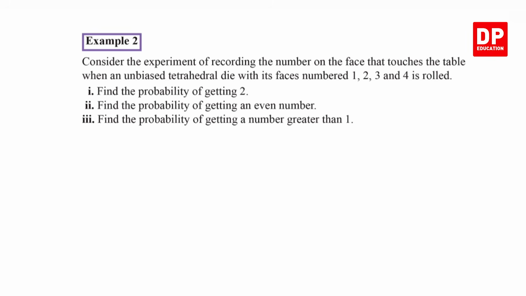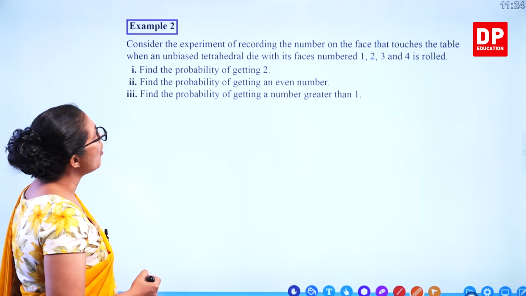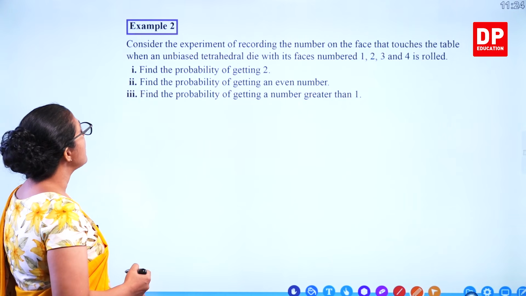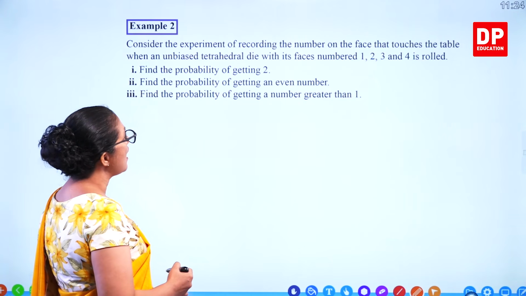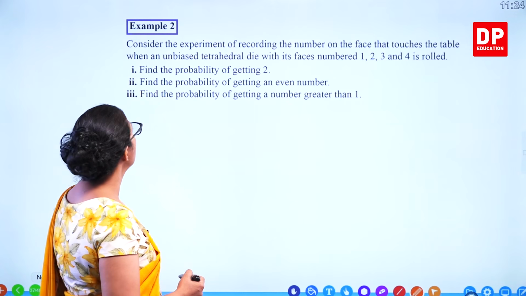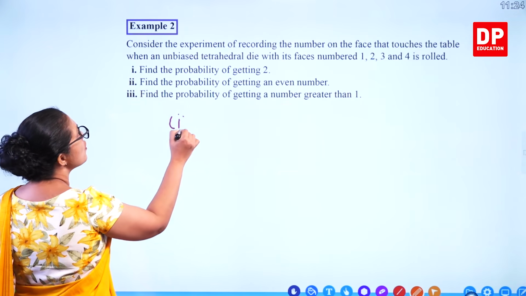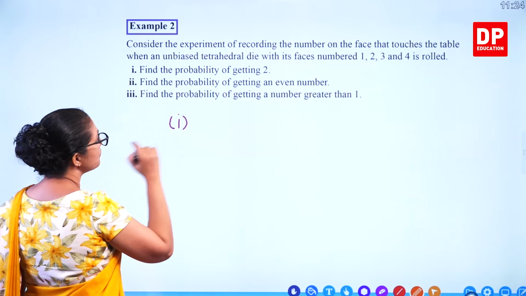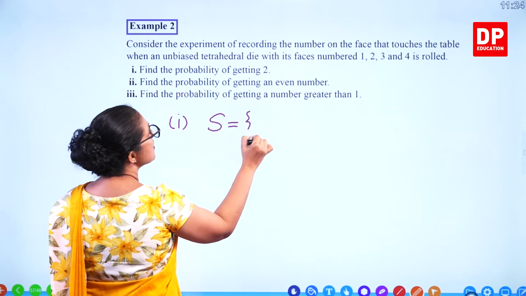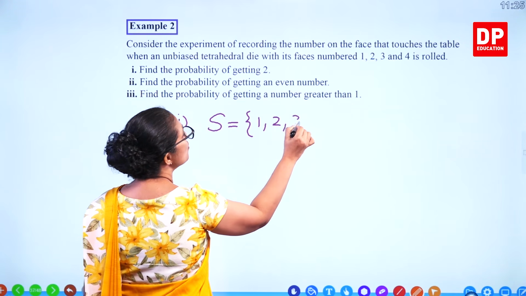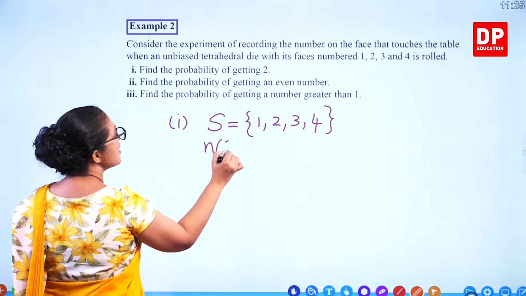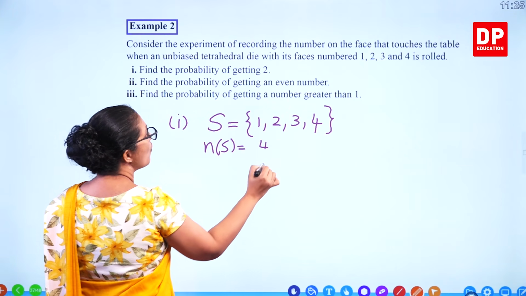Example 2. Consider the experiment of recording the number on the face that touches the table when an unbiased tetrahedral die with its faces numbered 1, 2, 3, 4 is rolled. Find the probability of getting 2. First, we have to find out the sample space. You can get 1, 2, 3, 4. And NS is 4.